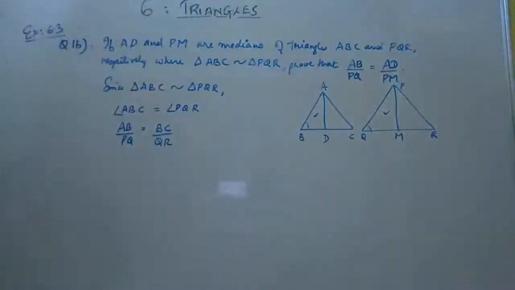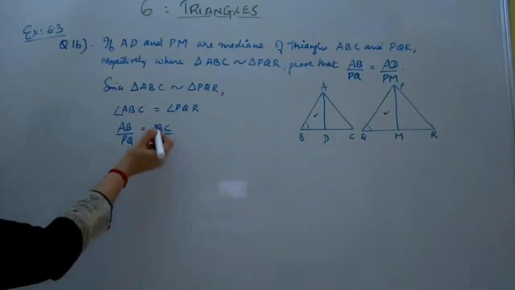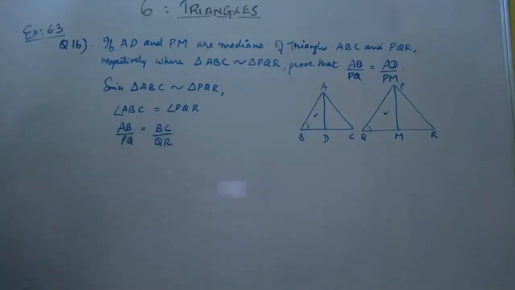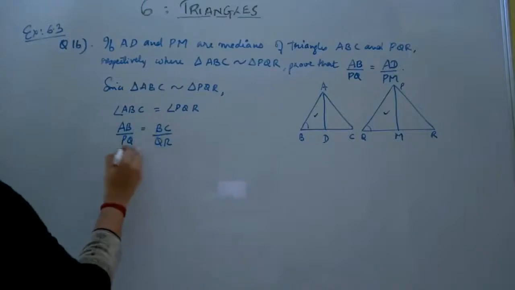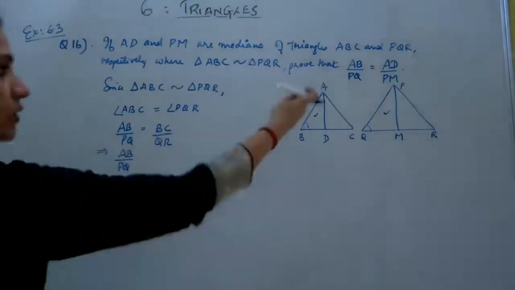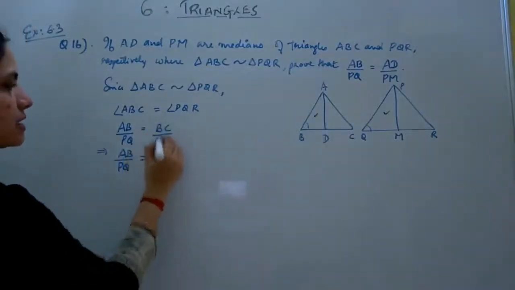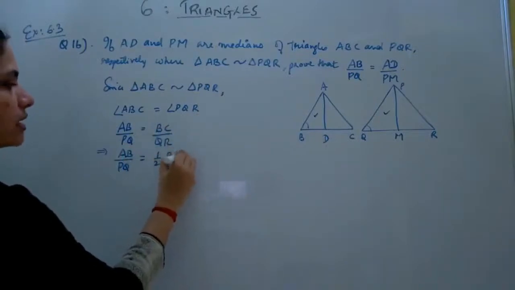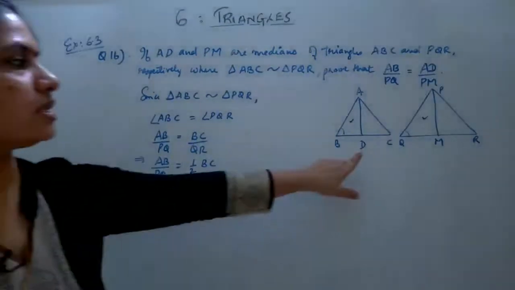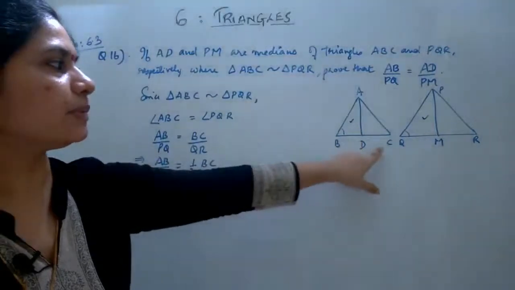Okay, so here if I am multiplying the ratio with the same number, that is multiplying the numerator as well as the denominator with the same number, there is no change in the fraction. So what I am doing is I am writing AB by PQ as such because that is one of the sides of the required triangle, and I am multiplying the numerator and denominator with half. Now since D is acting as a midpoint, because AD is the median, D will be the midpoint of BC.